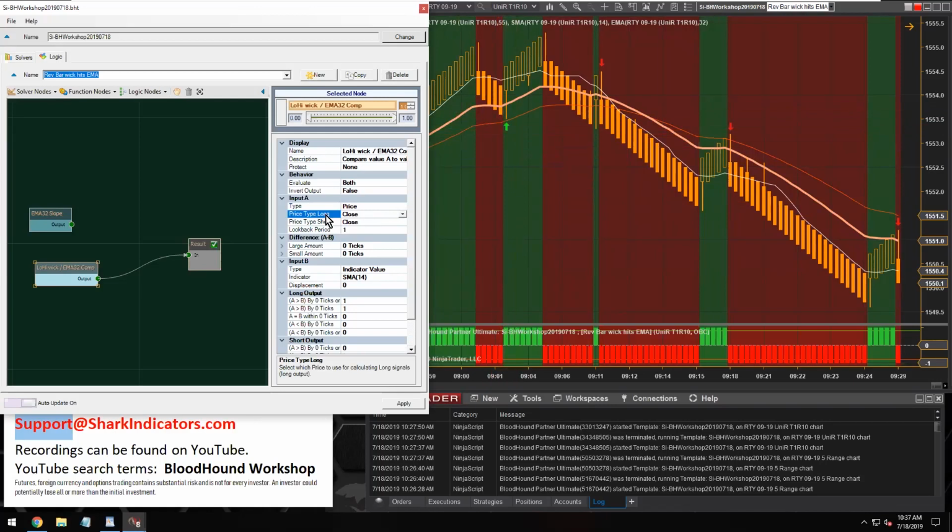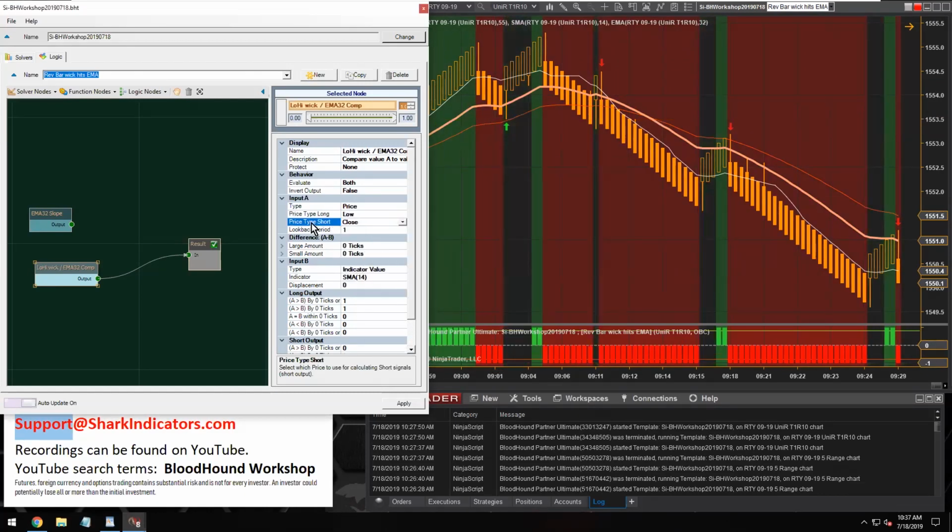Okay, so for a long signal, look at our chart again. For a long signal, an up bar, we're looking at the low price, the low of the wick. So set this to the low price. And then for a short signal, that's going to be opposite. We're looking at the high price of the bar.